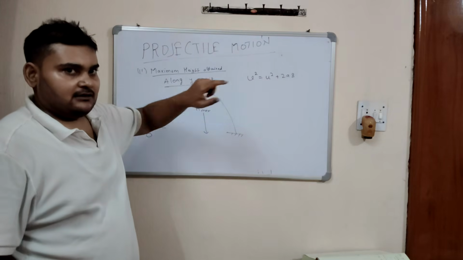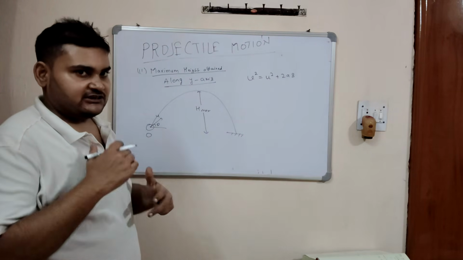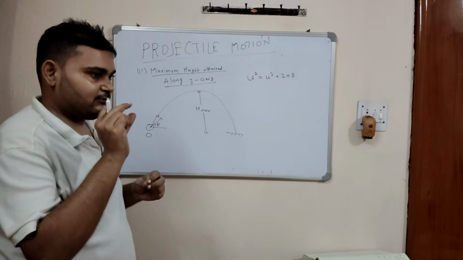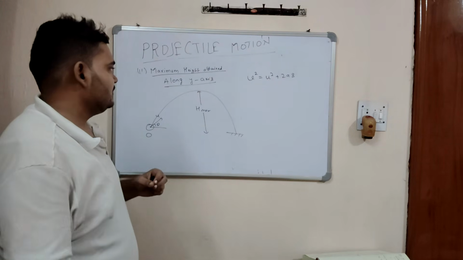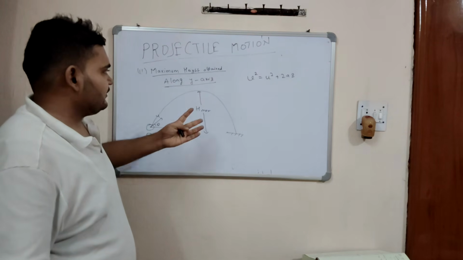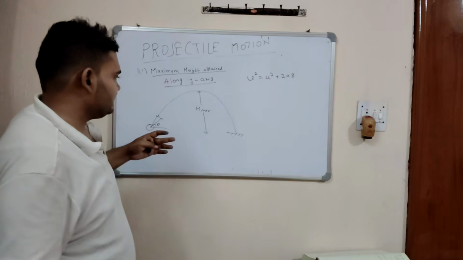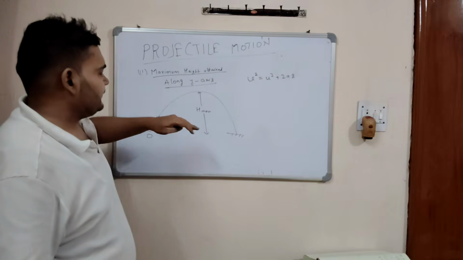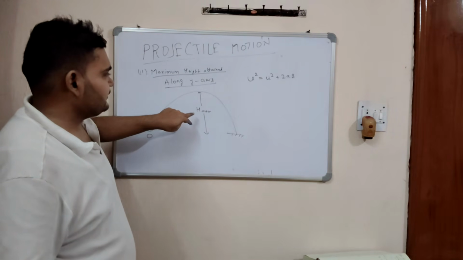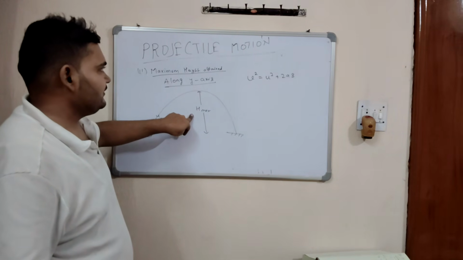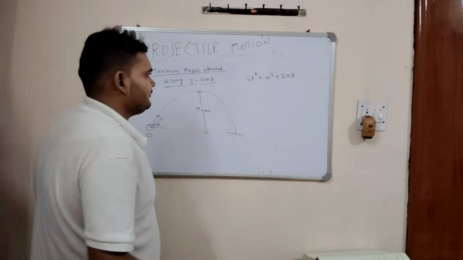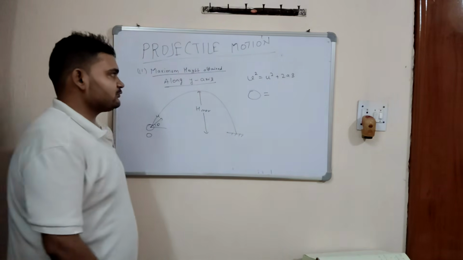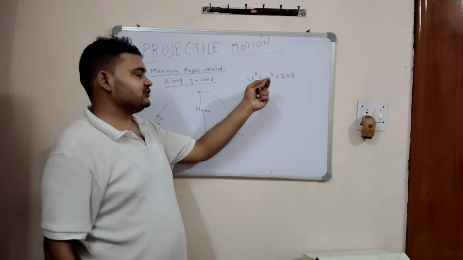We know that in a one-dimensional motion, whenever the object is changing its direction of motion, it must reach a velocity that is equal to 0. You can see here, the moment at which it attains its maximum height, its velocity along the y-axis will become 0. What's u here?